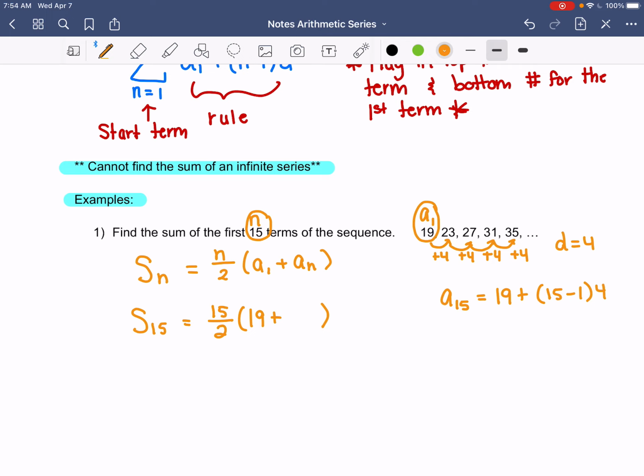So a sub 15 equals 19 plus 14 times 4. So a sub 15 equals 19 plus, what is that, 56? So a sub 15 equals 75, yeah.